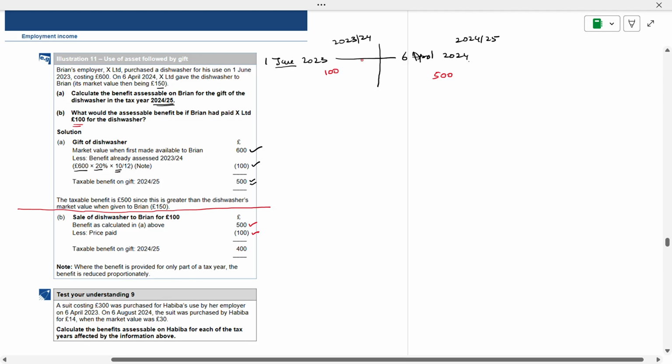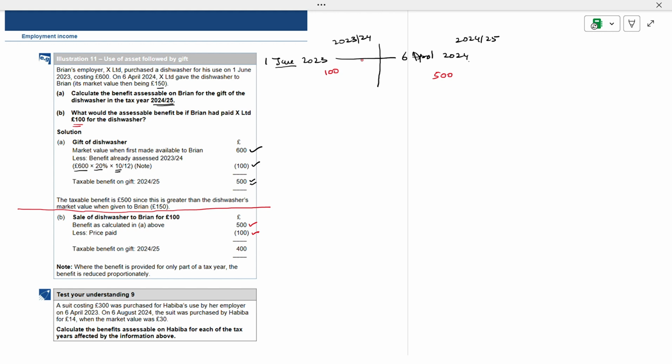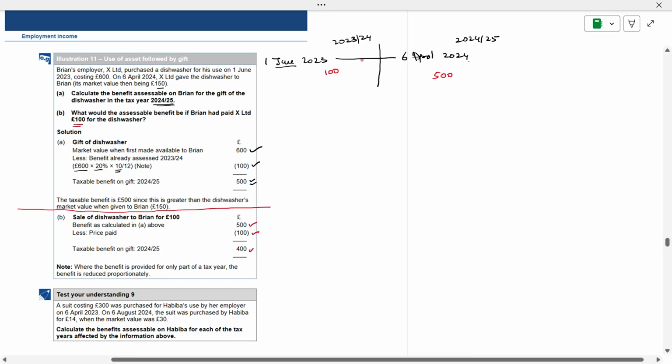You see, the value of the asset is 500. You are paying 100 and getting an asset worth 500. Understand it like this: an asset worth 500, you are getting by paying 100. The remaining 400 is your taxable benefit.